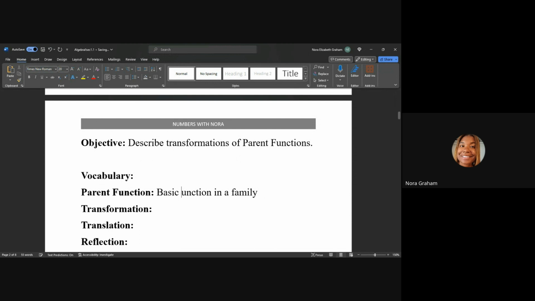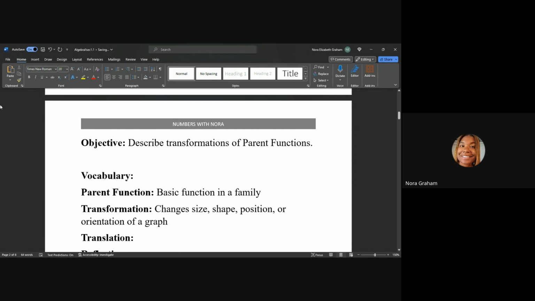Okay, and we'll get to see examples of those in a second. A transformation is going to be something that changes the size, shape, position, or orientation of a graph.